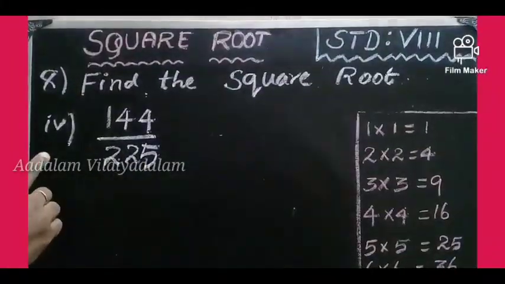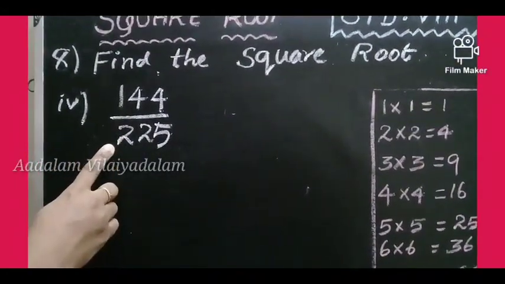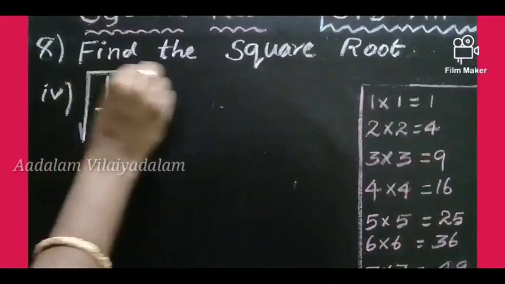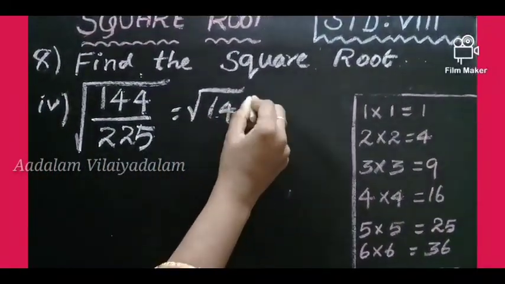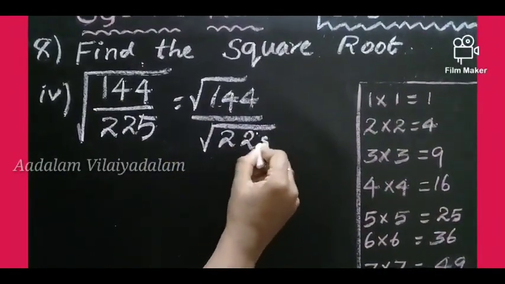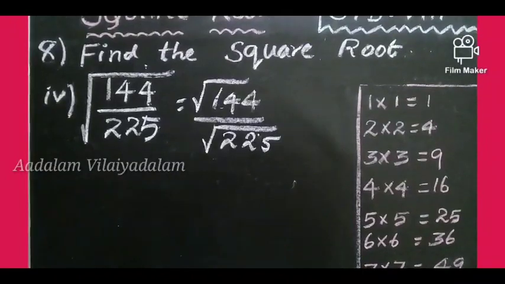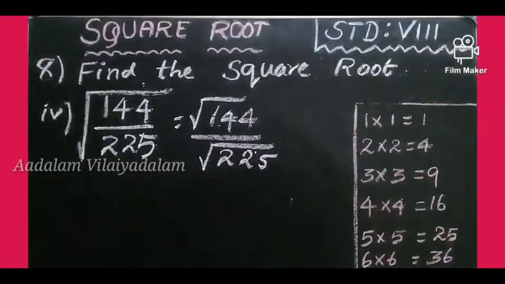So 8th question, 4th one. Find the square root of 144 divided by 225. Here we have to find the square root of the numerator and denominator also. Root of 144 by root of 225. So here we can use any one method, either the prime factor method or the square long division method.